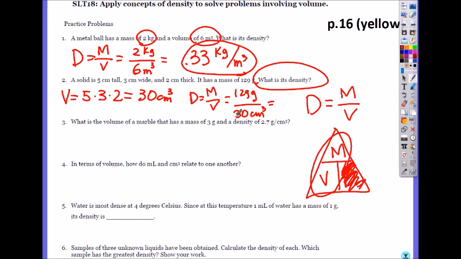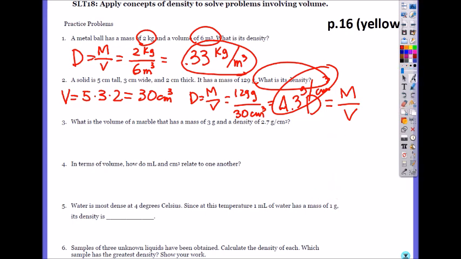Just plug it into the calculator and round it to 2 decimal places. 4.3. And the unit is grams per centimeter cubed. Okay. So would they always ask you to find the density? No.